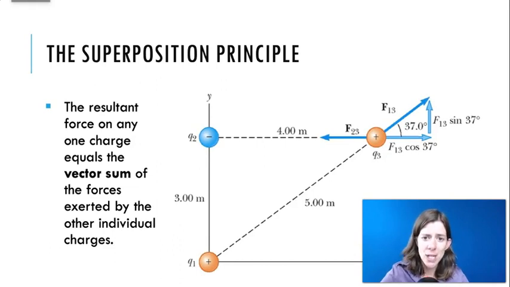So basically all we're saying is that if there is more than one force acting on a charge, and you want to know what is the net force acting on that charge, then you're going to have to add those forces using vectors, so using the vector sum. So basically it goes back to adding vectors like we learned in Physics 1.